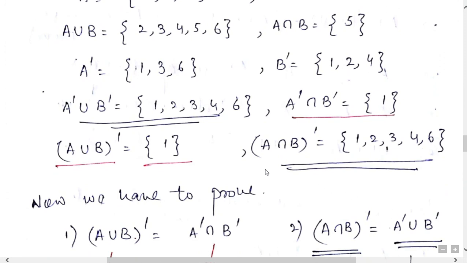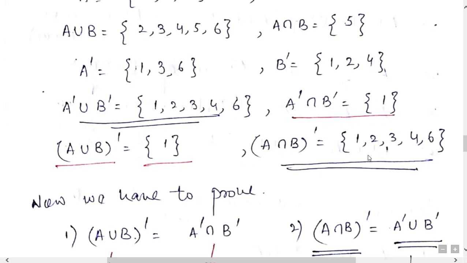Now look at this one, (A union B) complement and A complement intersection B complement. Both the values are the same. It means the left-hand side and right-hand side terms are the same. It's one of the statements of De Morgan's law. Similarly, the second one, (A intersection B) complement and A complement union B complement.